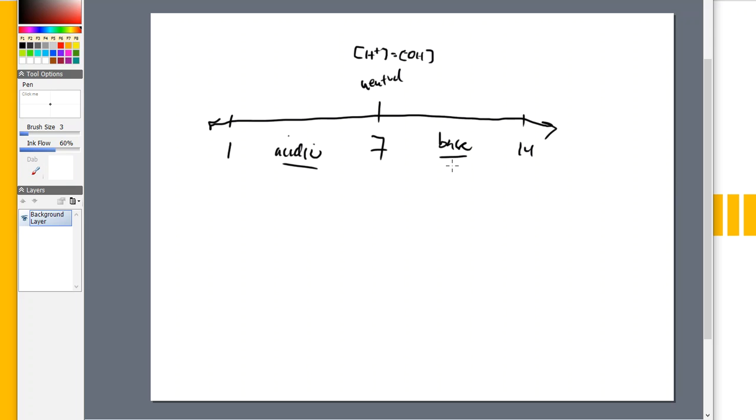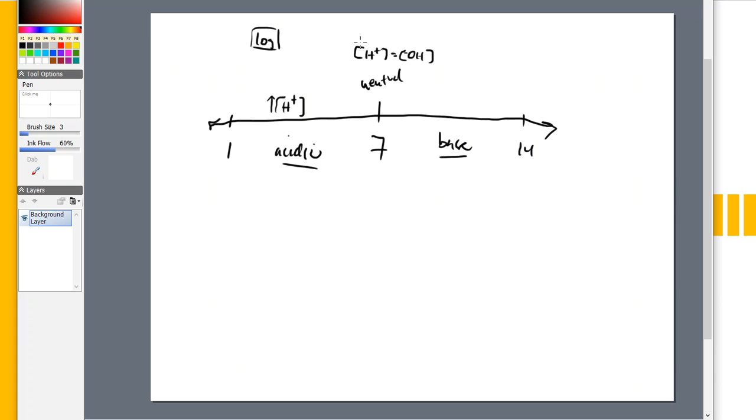A couple of things to mention here with the pH scale, not to confuse you, but it is something that people look at and they do get bamboozled over. The acidic side of the house means that you have a larger hydrogen concentration, even though it's a smaller number. And the reason is because of this crazy little log function that's present.